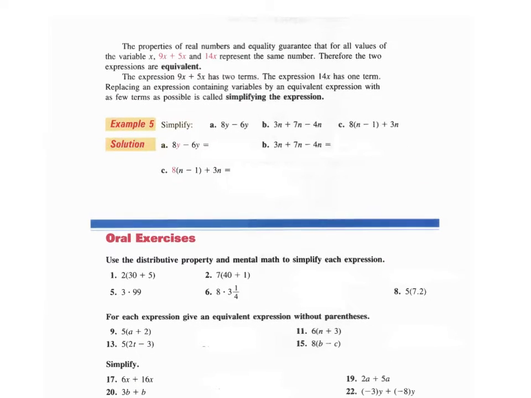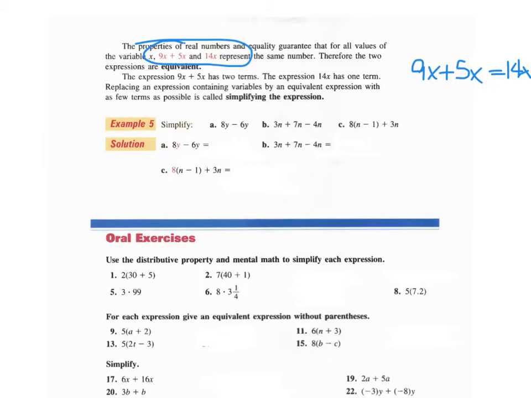All right, so here, again, notice that when we did the problem before, the 9x plus 5x and 14x are equivalent expressions. So when you simplify something and show what it equals, these are two equivalent expressions.